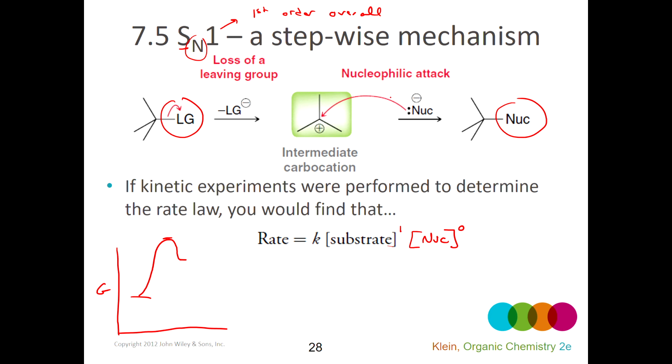And anytime a bond forms, I get to another transition state. So in this case, it turns out that the second transition state doesn't go up as high as the first one. That means since the second transition state is lower in energy than the first one, the first step is the slow step.